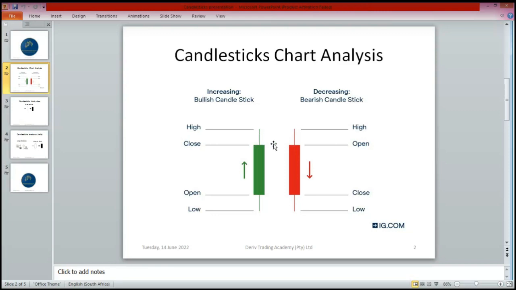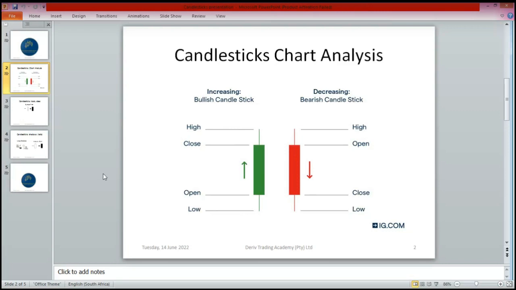The top of the upper shadow is the highest price reached on that particular time frame, and the bottom of the lower shadow is the lowest price reached on that time frame. I hope you understand.